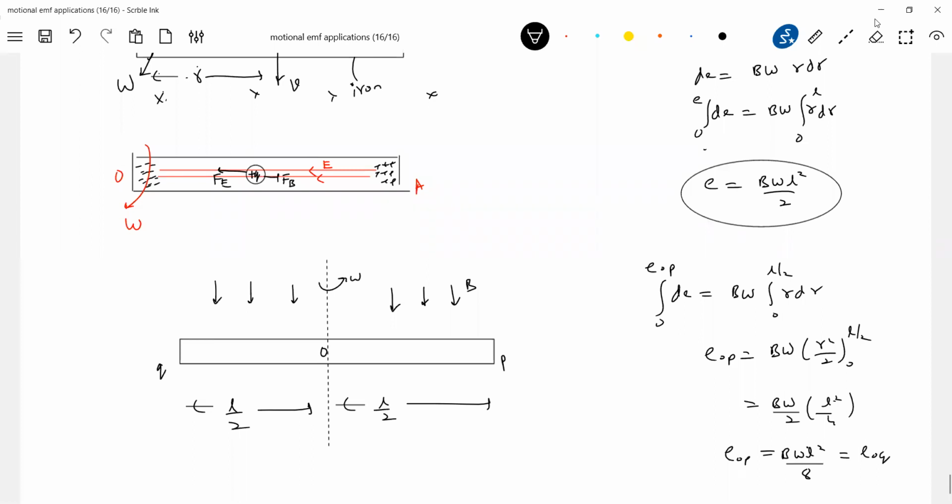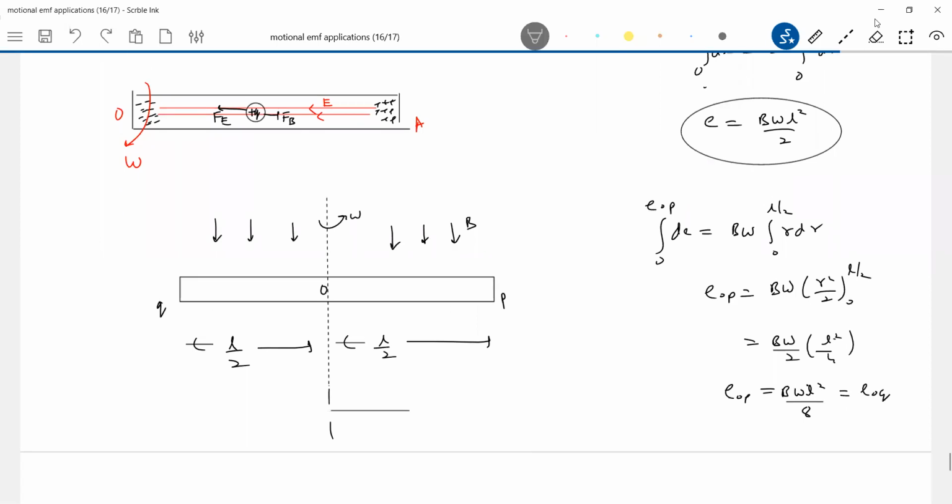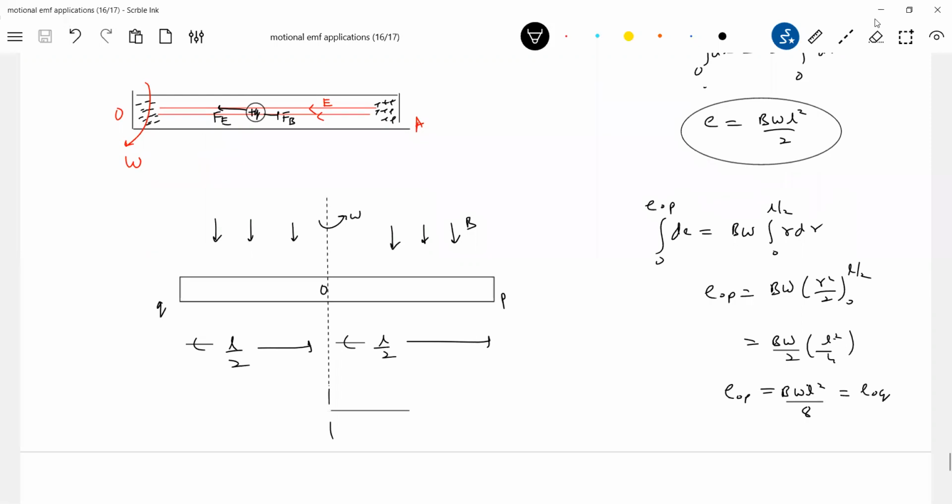Then what to do with this? If you are trying to replace this, which end will be positive? Again, take positive charge inside that and B bar. Sorry, this is the B bar. Just wait.